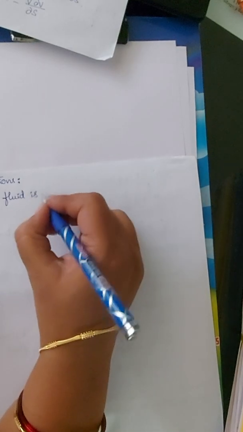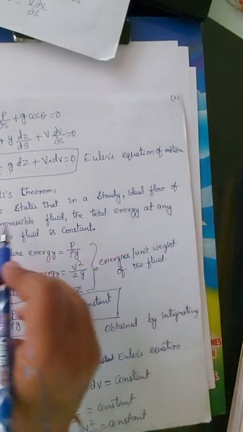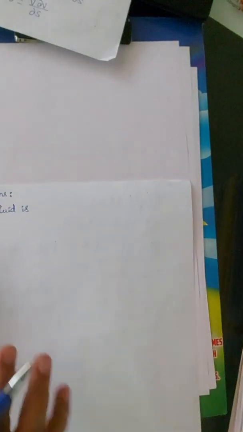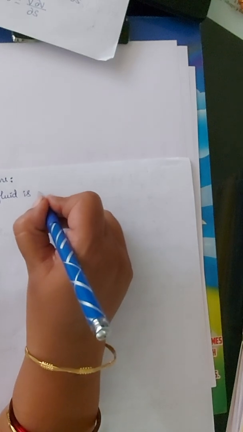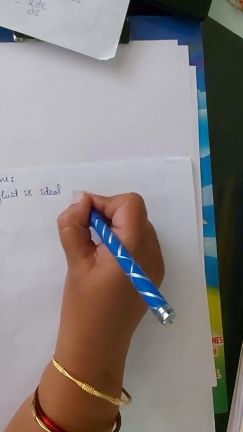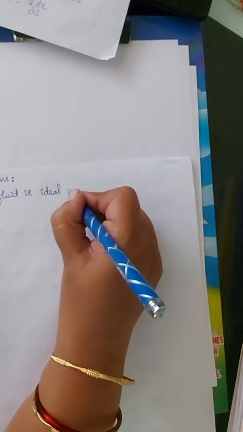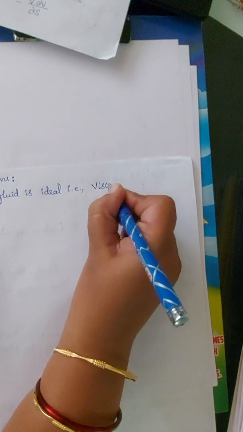While studying Bernoulli's theorem, we have seen that it says steady, ideal and incompressible fluid. So here you have to write all these things. That is what the assumptions are. The fluid is ideal. What does ideal fluid mean? It means that its viscosity is 0.